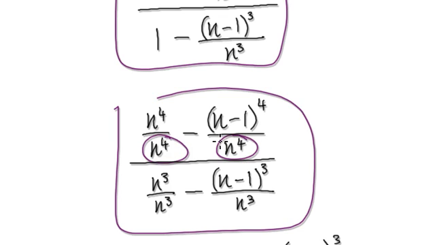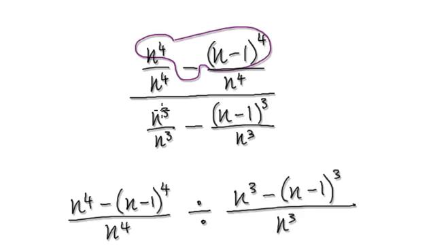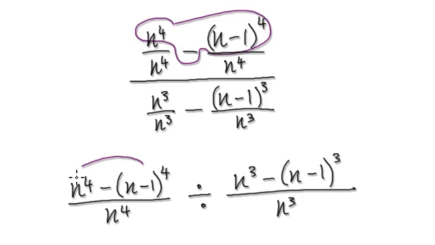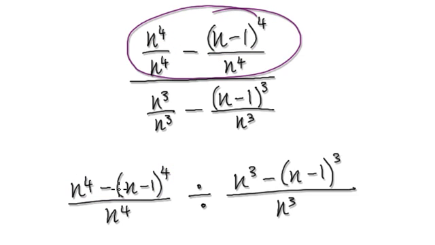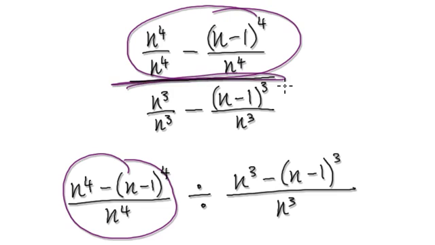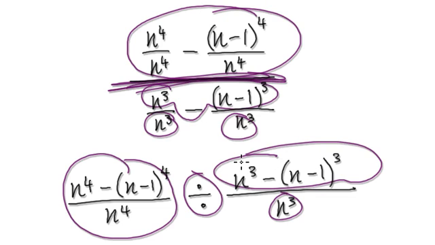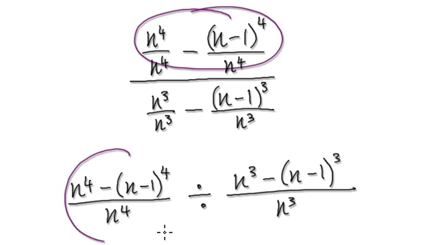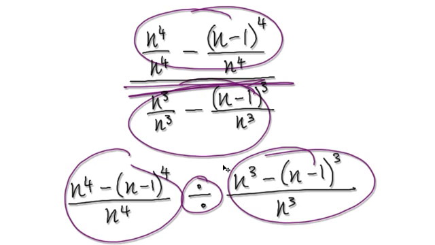Now same denominator, these will merge. That will then give you this, and then you've got this whole thing here, and then you've got your divide. That's this divide here, and then same denominator, you would merge these to become this. So basically you've got this thing divided by this thing.